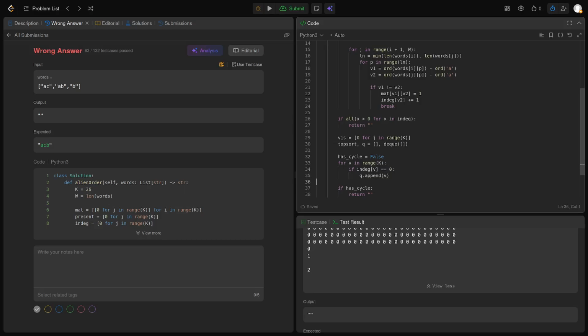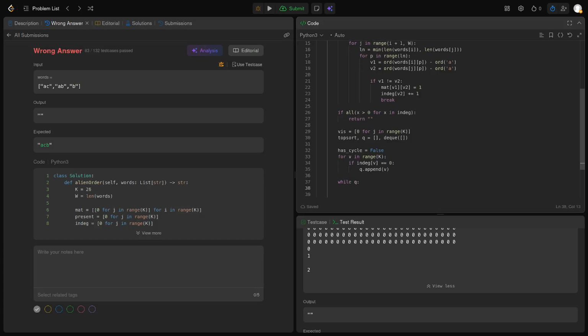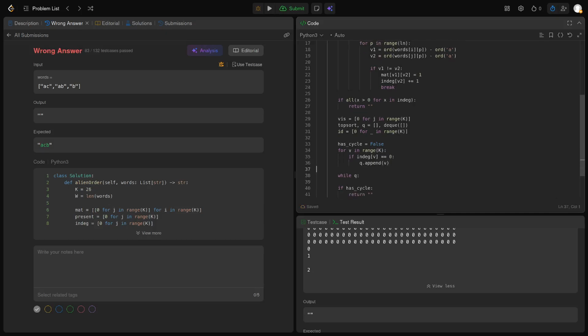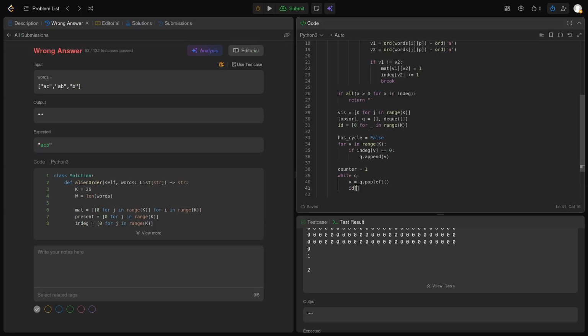So we got a deque, right? And then while q, right, then we need like some sort of counter. v equals q pop left, id v.